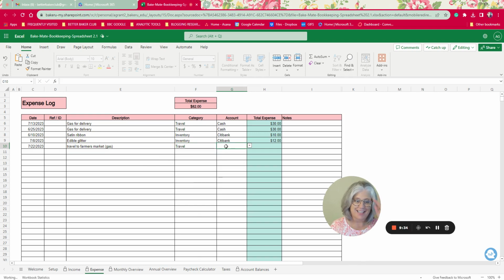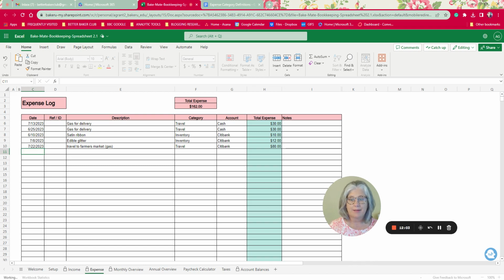Now this is sample data that I automatically generated, so would you call it gas for delivery or gas for travel? It's completely up to you. This is just the way the sample data was generated. And that gas for going to the farmer's market, I did use my Citibank card to pay for, and that was $80 round trip.